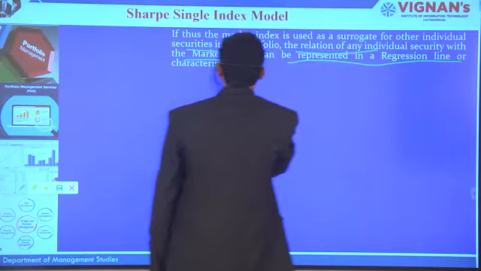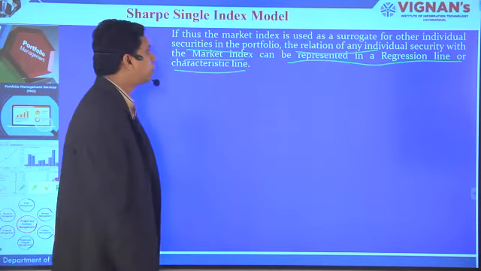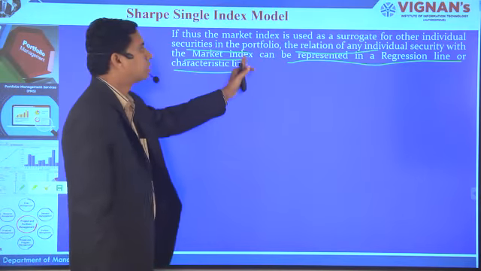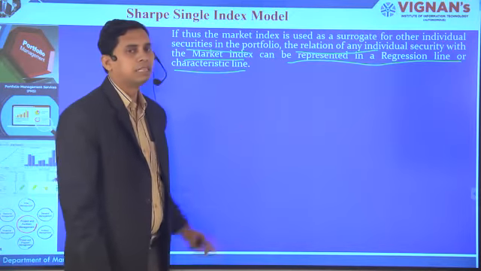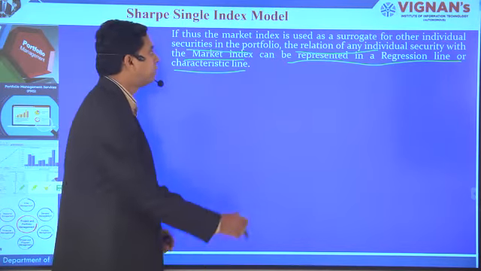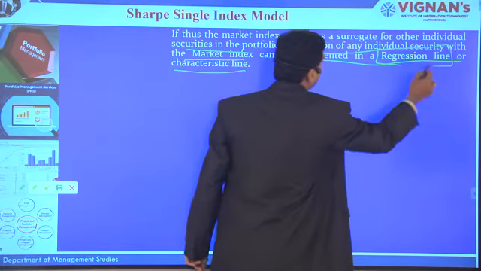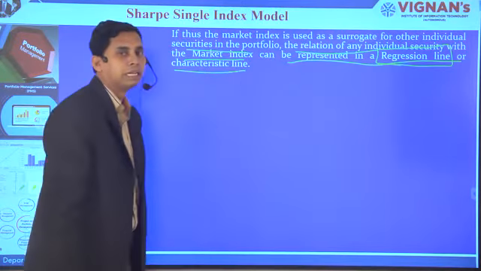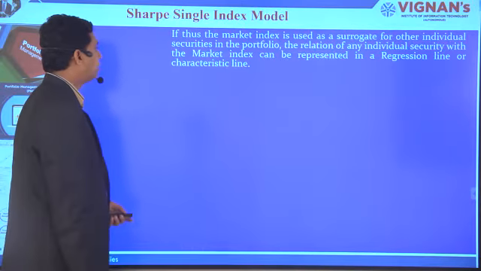So in the Sharpe single index model, we will represent the portfolio risk and return of a security and market risk, all in a linear format, that is a regression line.